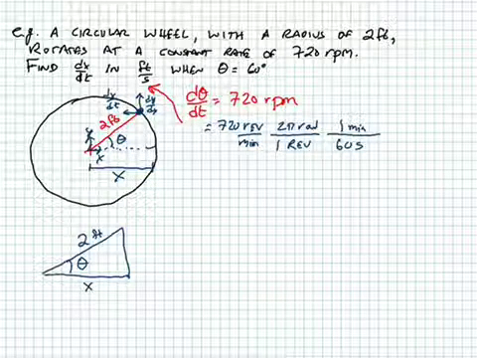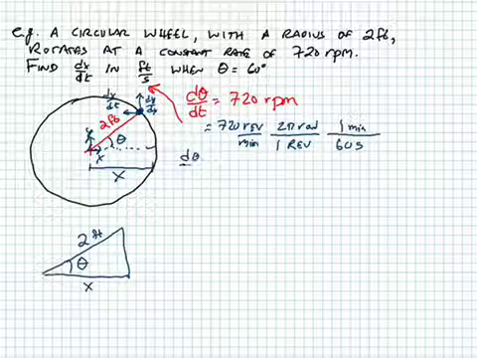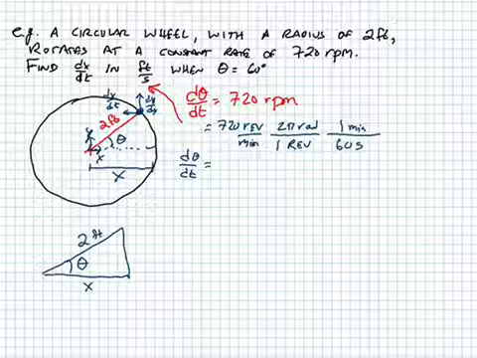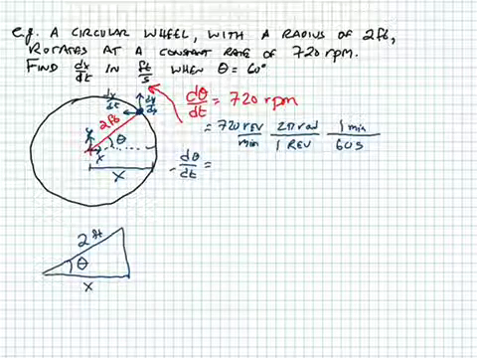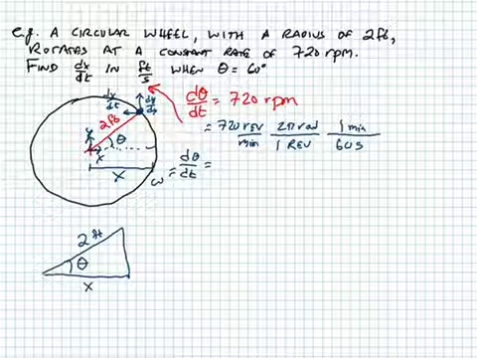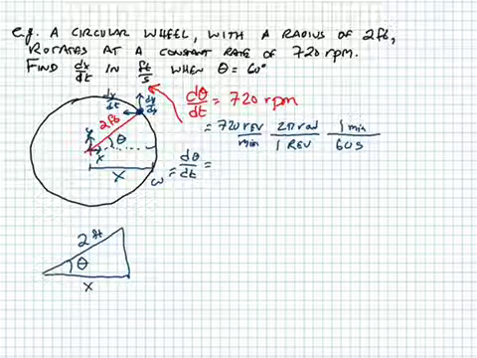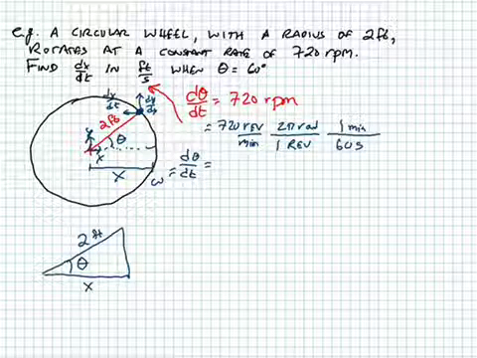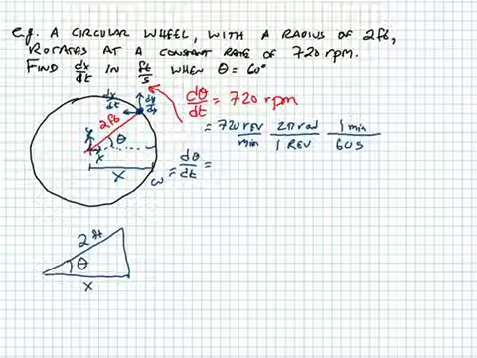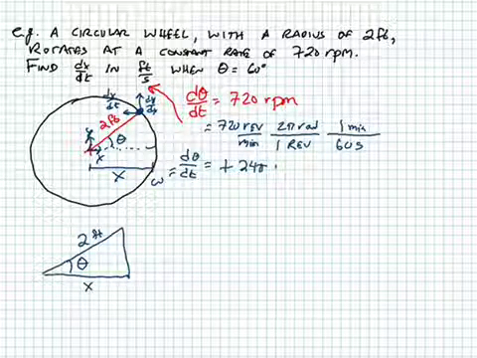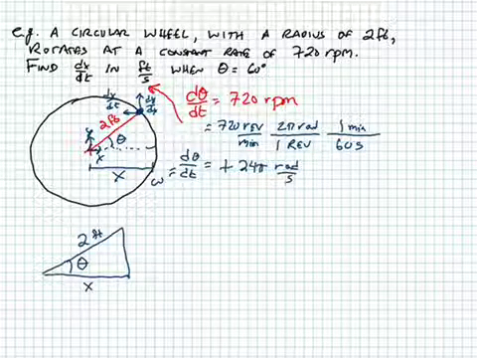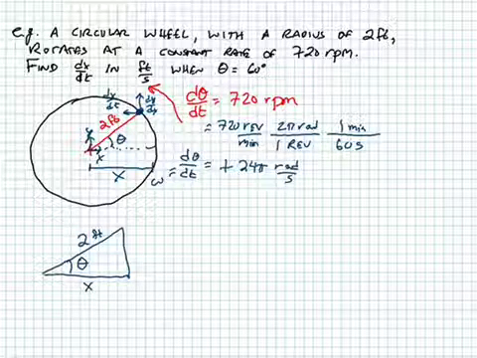And so when I multiply all this out, I get d theta/dt, which is the constant rate that the circle's moving around. From physics, if you remember, this is called omega, the angular speed. So d theta/dt is going to be plus 24 pi radians per second.